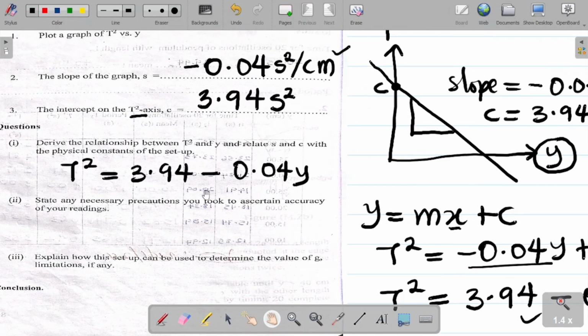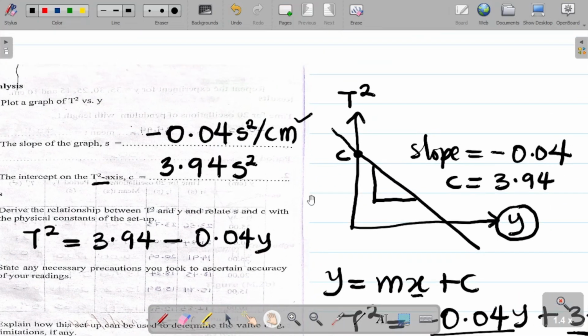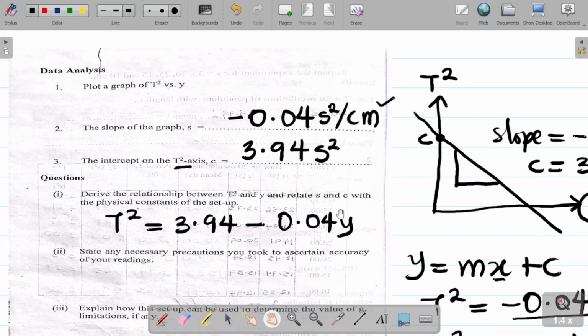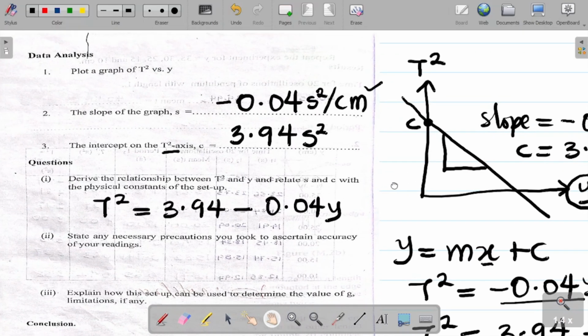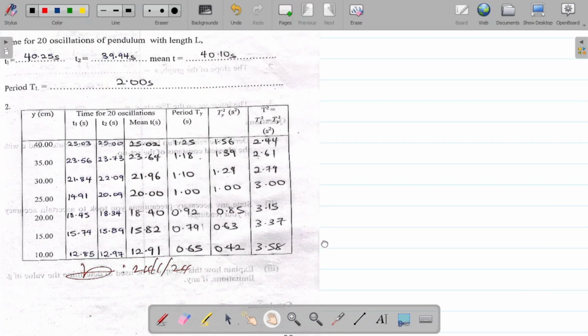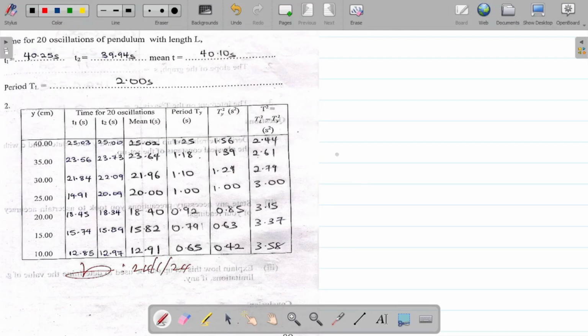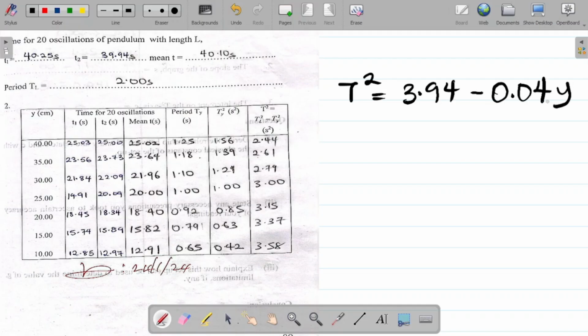We can confirm this. If this equation is correct, we can confirm it using our table. So let's get back to our table. All right, so back here, just to verify, we said the equation is t squared equals 3.94 minus 0.04y. So let's confirm that.